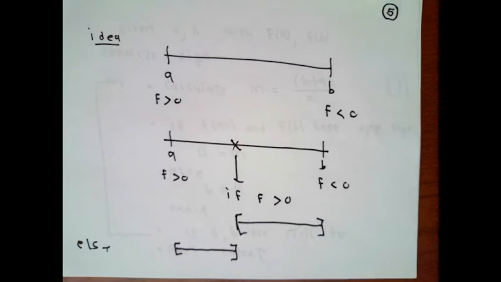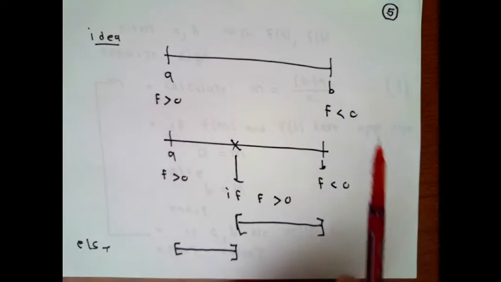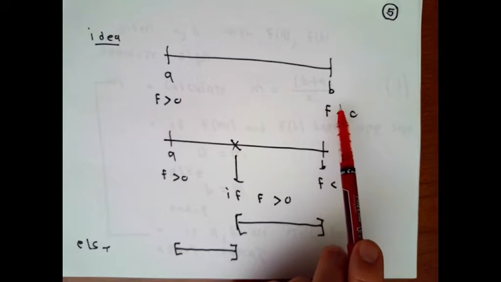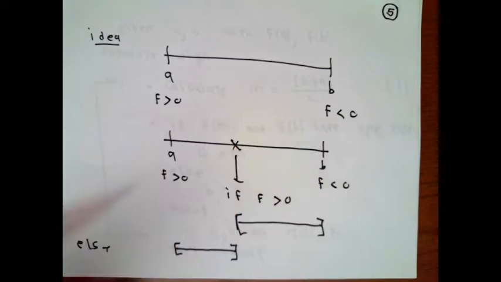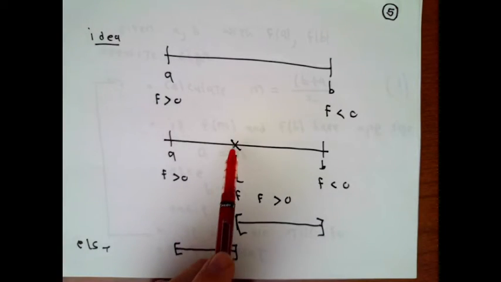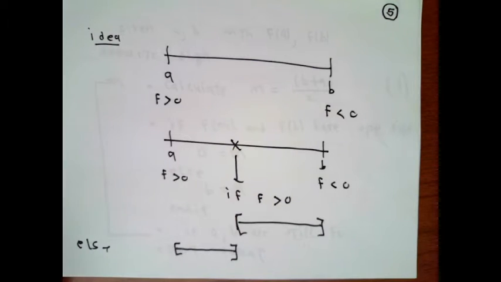Suppose, for concreteness' sake, that the function value at a was positive, while at b it was negative. Select some point in the interior and look at its function value. Momentarily discounting the possibility that we've accidentally landed right on a spot where f of x is 0, then either f at this new point is positive or it's negative.